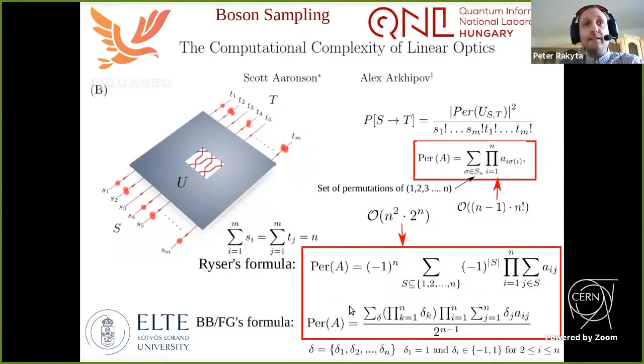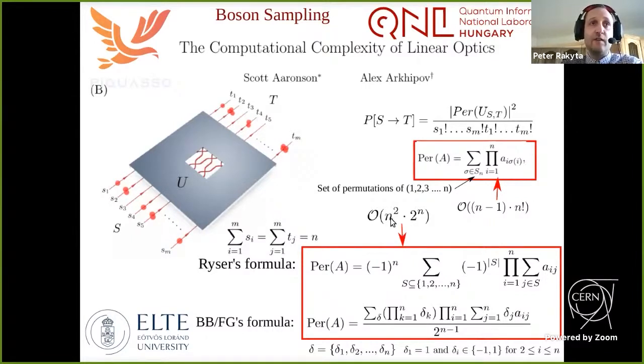Okay, this expression scales with n squared times 2 to the n, because you need to sum up n elements in each row of the matrix, if we look at this bottom formula, and then you need to calculate the product of these n sums.